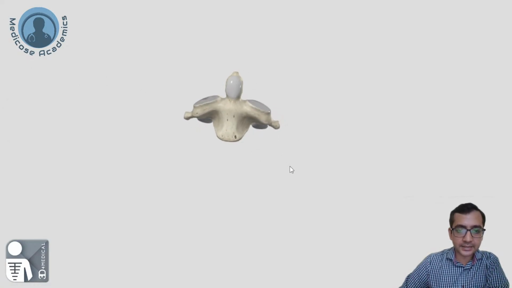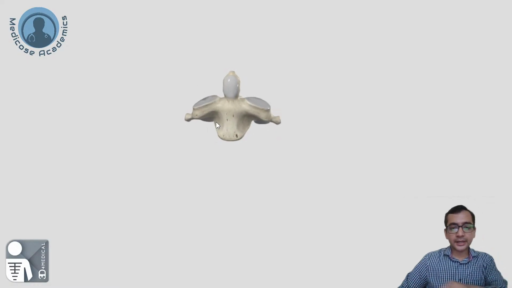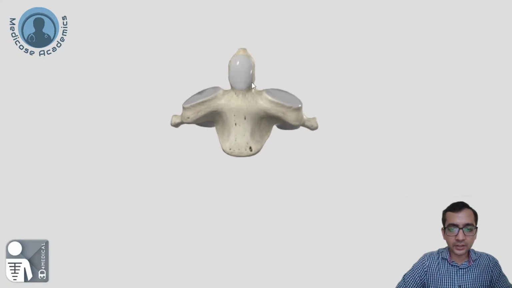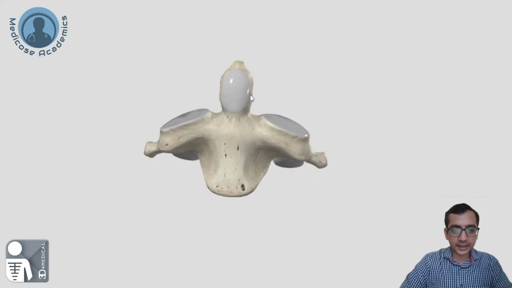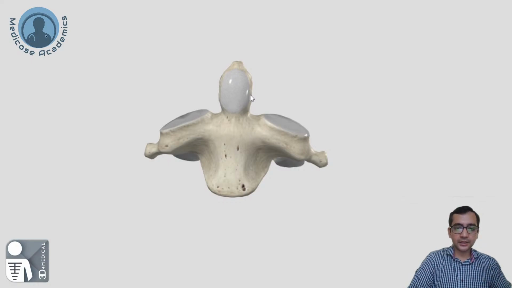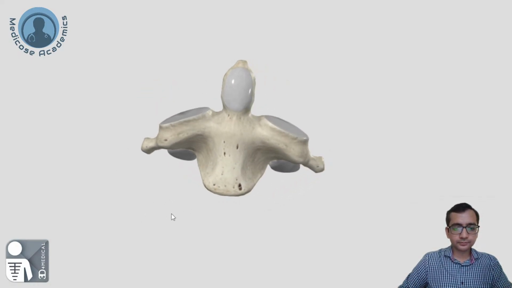So let's look at it. It has the dens, the raised portion, and it has the articular facet that will make a joint with the anterior arch of the atlas above.